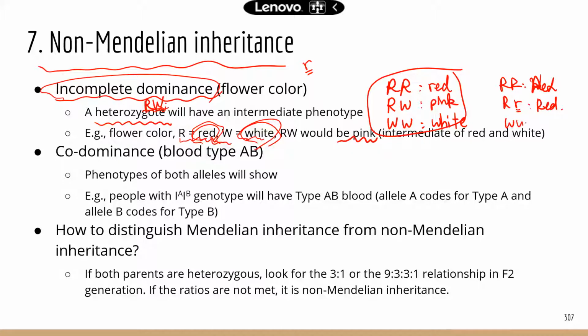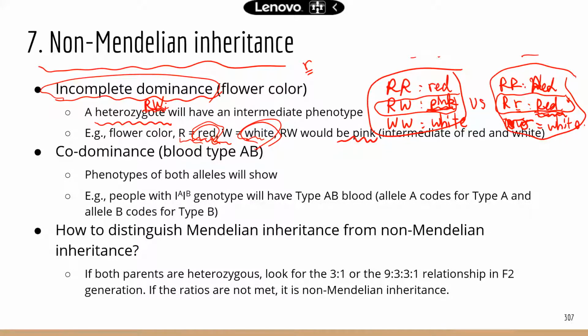And then we have little r, and that's going to be white flower. So you can compare dominance and incomplete dominance, and you can see the difference is about the heterozygous genotype, right? In incomplete dominance, you're going to get an intermediate trait. So nobody is dominant over anybody else, right? They all contribute, and then they produce something in between.